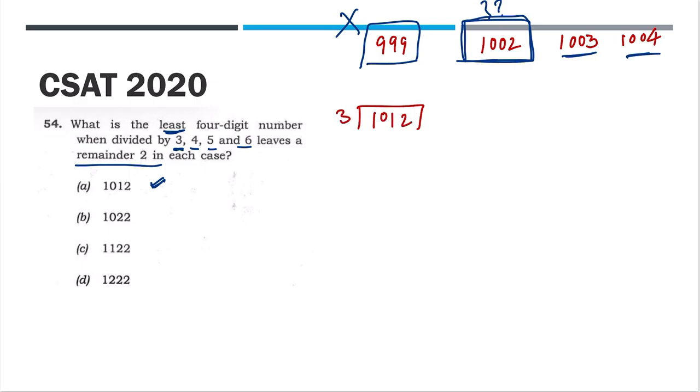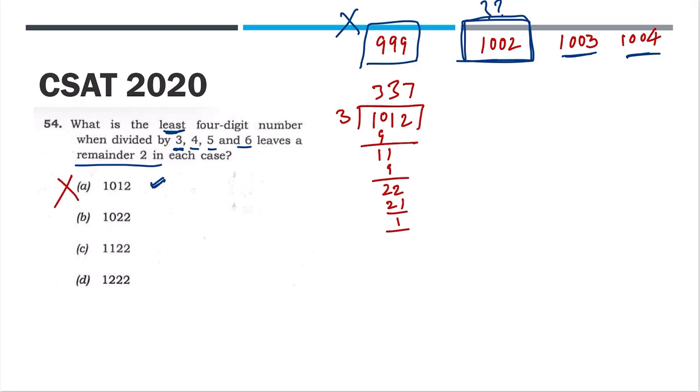This question is simple. 3 3 9, 1 1, 3 3 9, then it will be 22, then 3 7 21. This gives me a remainder of 1, right? So this gave me a remainder of 1, but they ask you when divided by 3, it should give me a remainder of 2. So first option is surely not there.